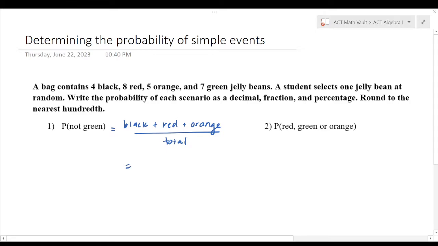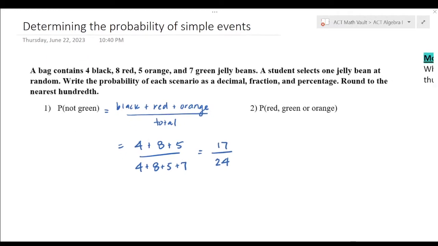So black plus red plus orange is 4 plus 8 plus 5. We are not adding in the greens. We don't want the greens. And then that would be over the total, and you would add all of them. So 4 plus 8 plus 5 plus 7. Just doing a little mental math, 4 plus 8 is 12, plus 5 is 17, plus 7 is 24. So your final answer would be 17 out of 24.